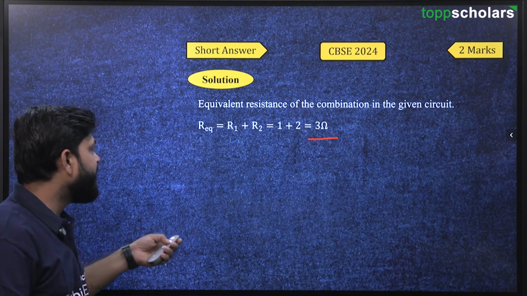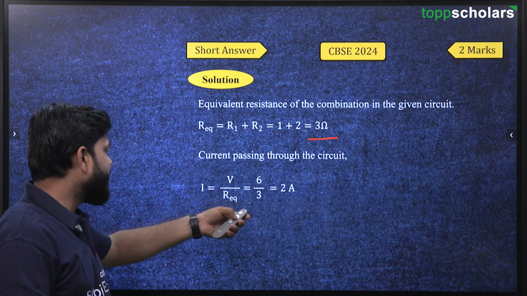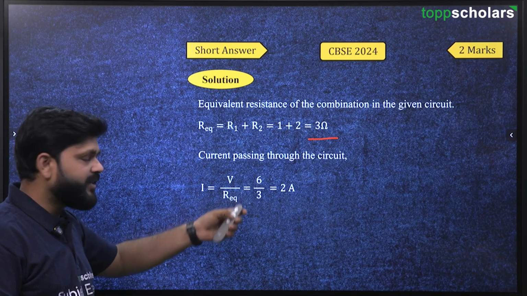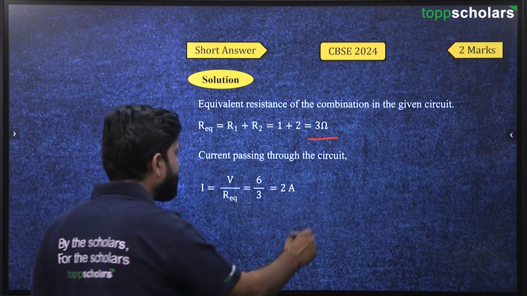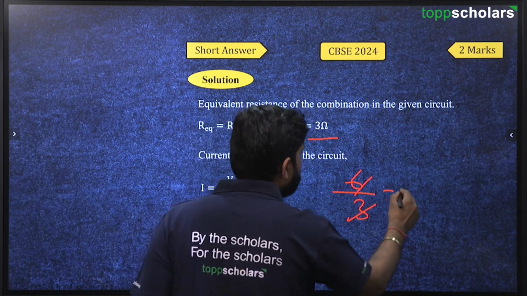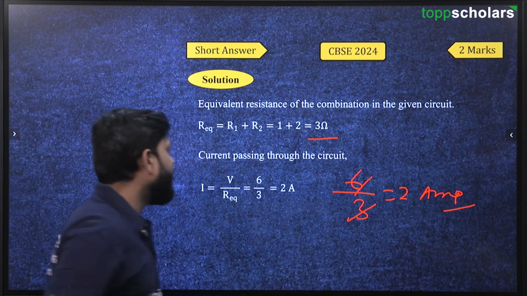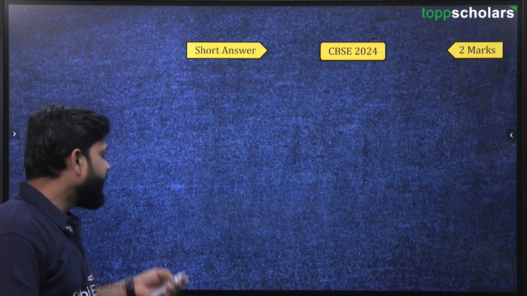The current passing through the circuit will be V upon R equivalent, where V is 6 and resistance is 3. So we have got 2 ampere. The current will be in ampere.